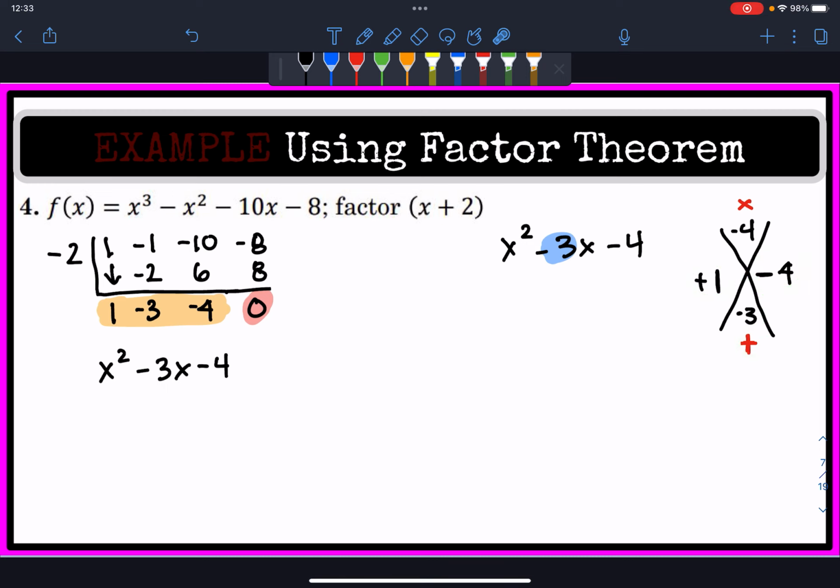+1 times -4 is equal to -4, and +1 plus -4 is equal to -3. So that's the combination. So I can factor x squared minus 3x minus 4 into x plus 1 times x minus 4. Now, since the leading coefficient is 1, we divide these by 1, which doesn't change anything.